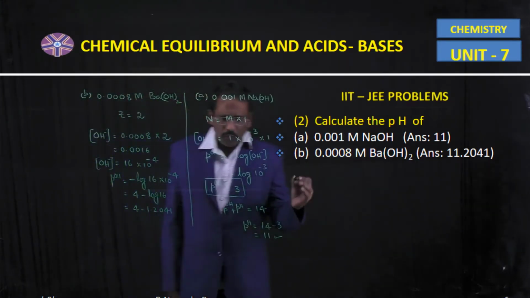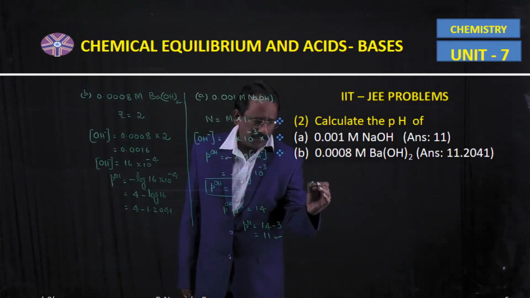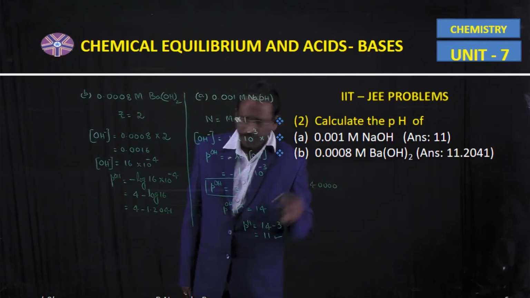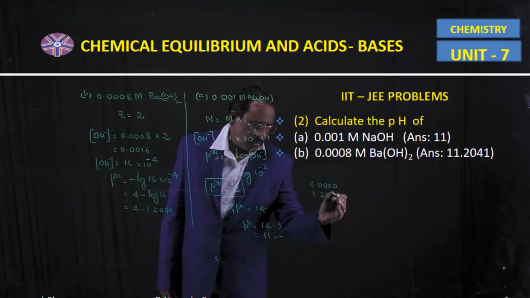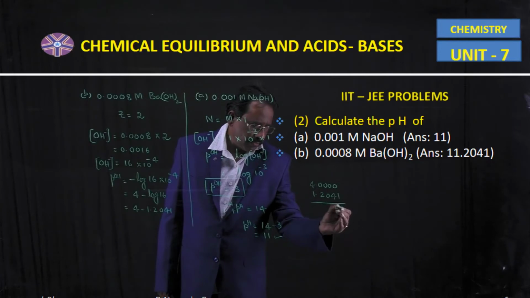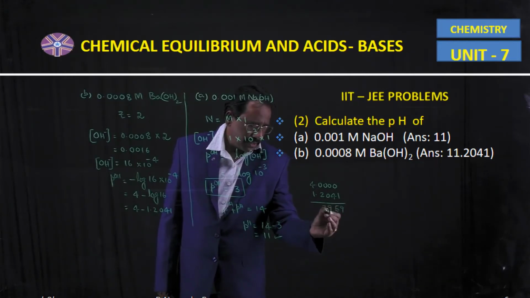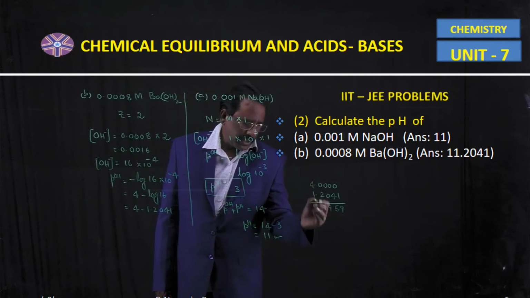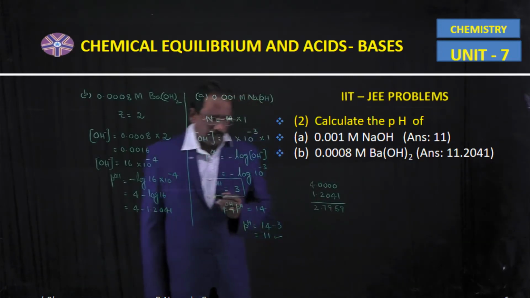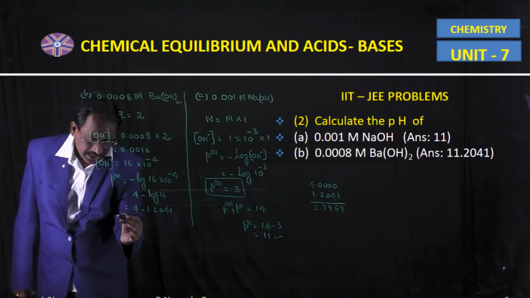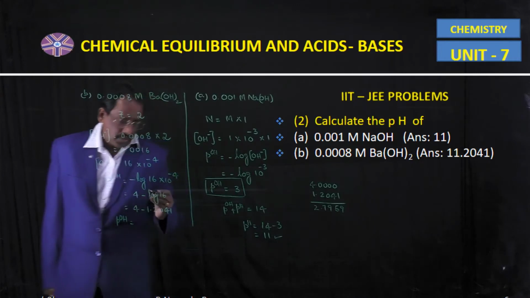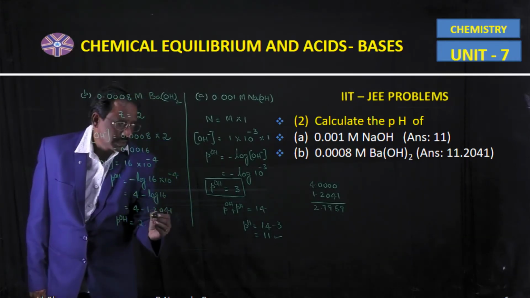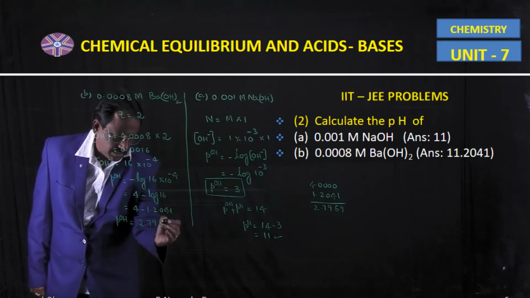So 4 minus 1.2041, so POH of this solution is equal to 2.7959.